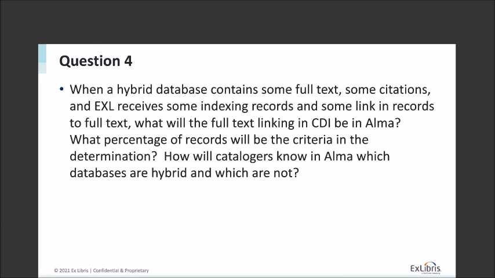So the question here is about the descriptive fields. We have several descriptive fields on CDI and on the ALMA collection: the full text rights, the linking, and of course the type. And I believe this question is mostly about the linking. What percentage of records will be the criteria in the determination? How will catalogers know in ALMA which databases are hybrid and which are not?